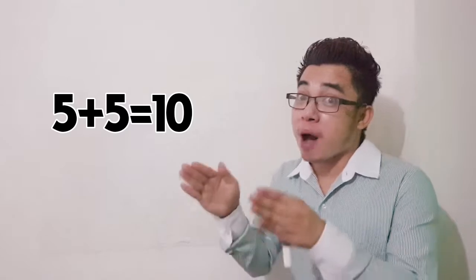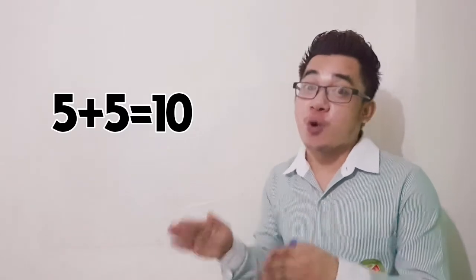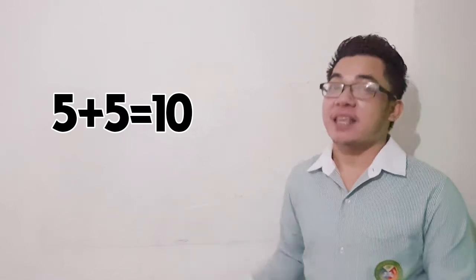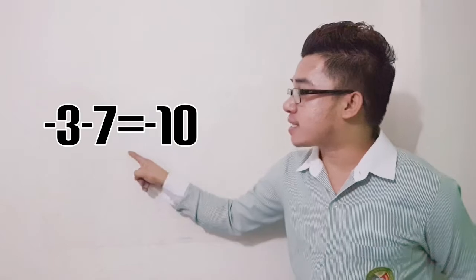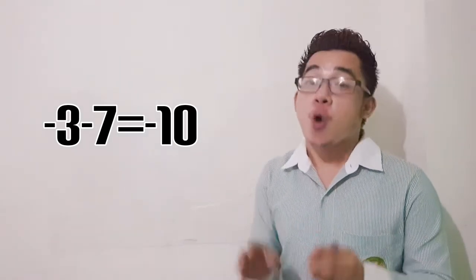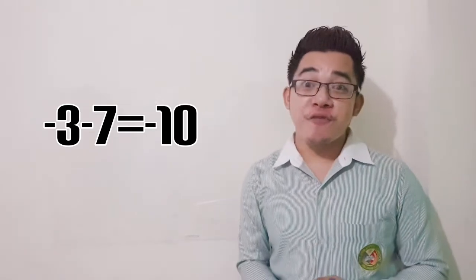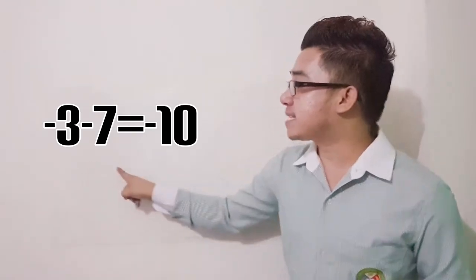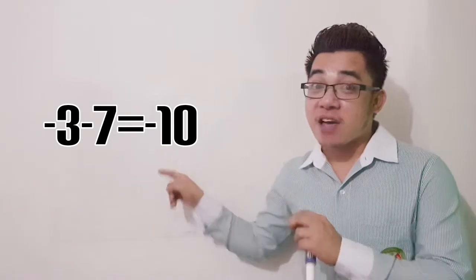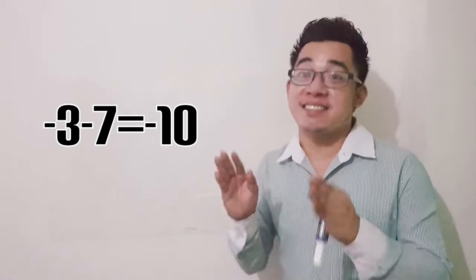Because we have two positives, therefore, we are going to add 5 plus 5 is equal to 10. Example number 2. Negative 3 minus 7. They both have the same negative, which means we are going to perform addition. 3 plus 7 is equal to 10. The sign is negative because the given sign is negative.